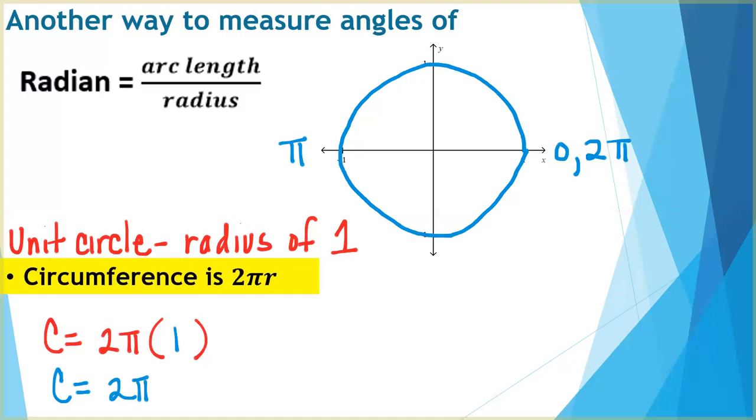And then half of that is pi over 2. And then here we would have 3 pi over 2. So we are counting by 1/2. We have 0, and then we have 1/2, we have 1, we have 1.5, and then we have 2.